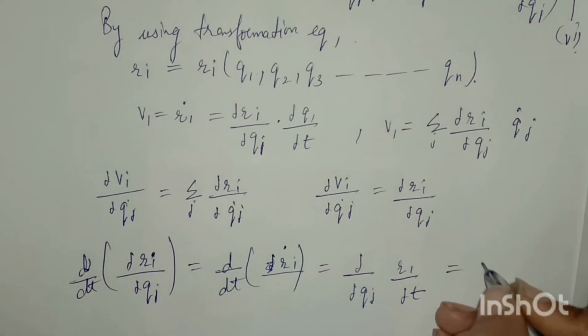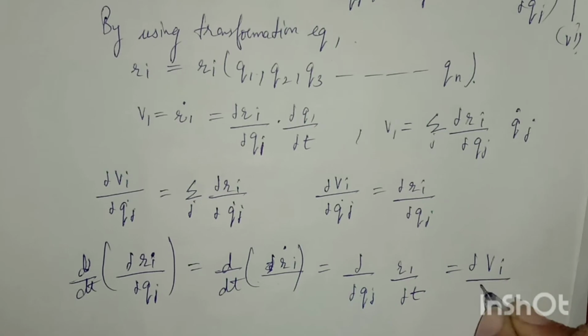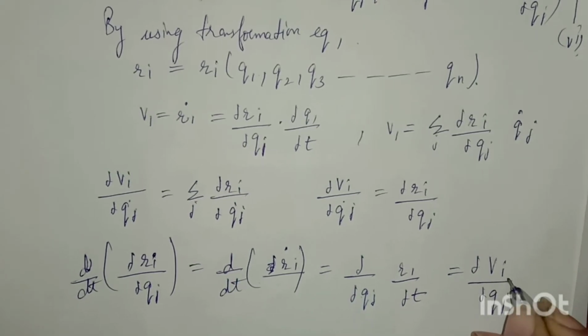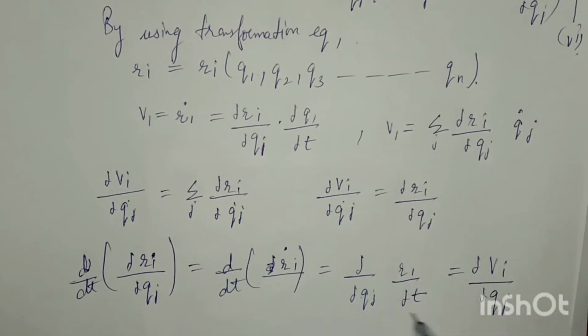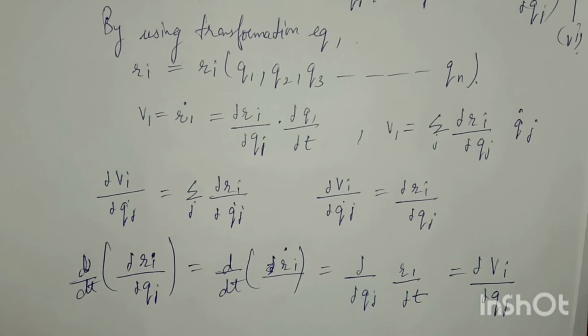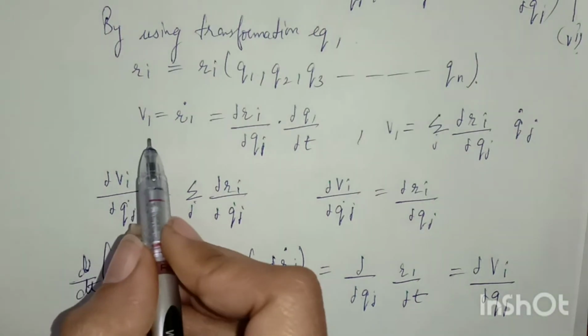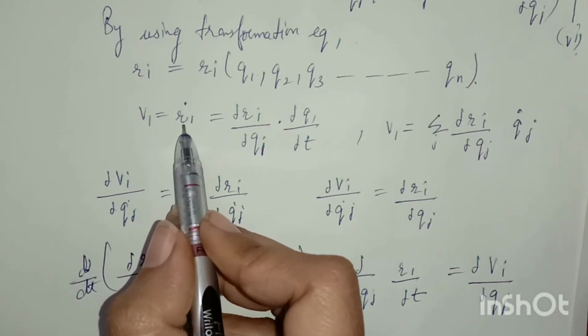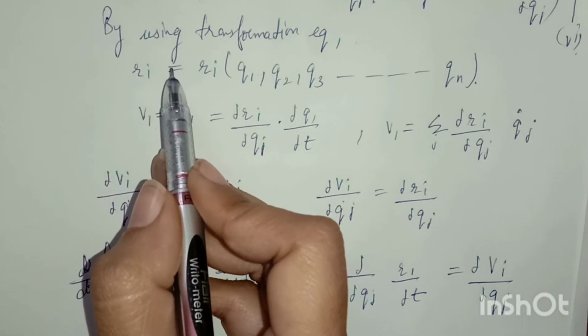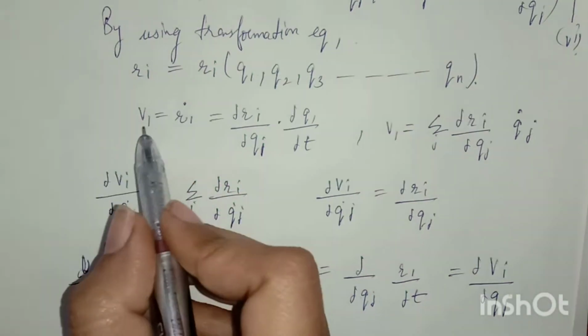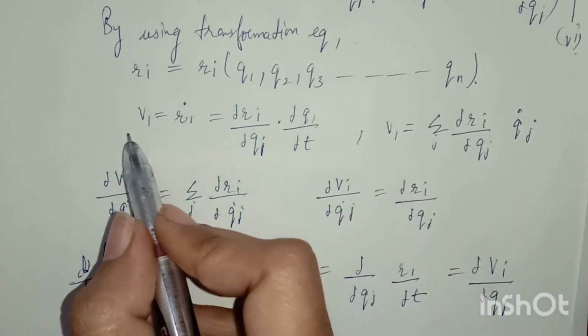So ∂V_i/∂q̇_j is equal to ∂r_i/∂q_j. That means V_i is equal to this equation. First we take the transformation equation r_i.